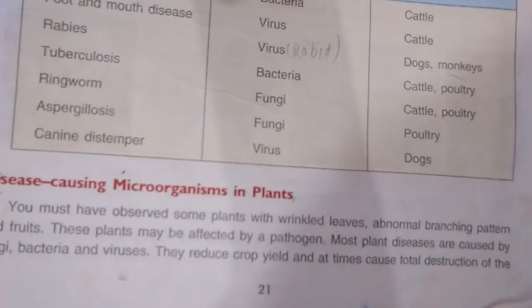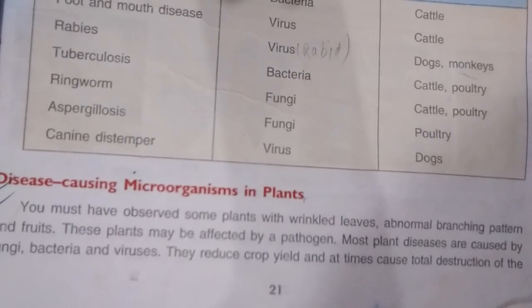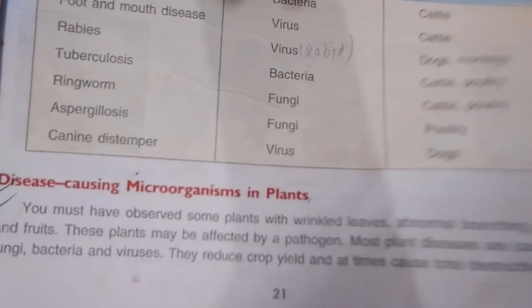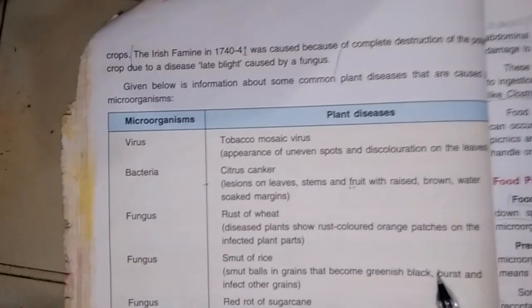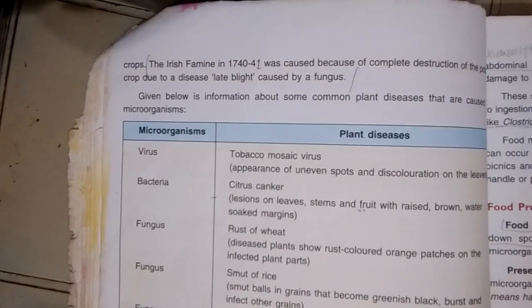In 1740 to 41, in Ireland, there was a famine caused by the complete destruction of the potato crop, and that disease is called late blight, and it is caused by a fungus.